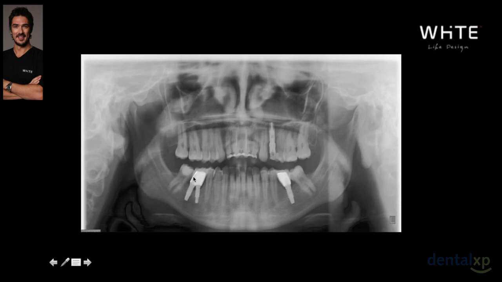But once again, I rebuilt that posterior function by placing implants in the posterior regions, giving her good occlusal support, which took all the pressure off these anterior teeth. I couldn't have done that if she was missing these teeth at the back. So it's not a sales pitch. It's not marketing. It's a clinical requirement for long-term success in the aesthetic zone.